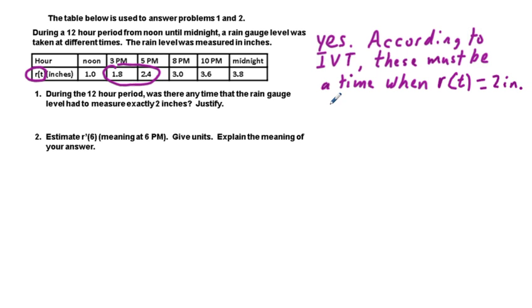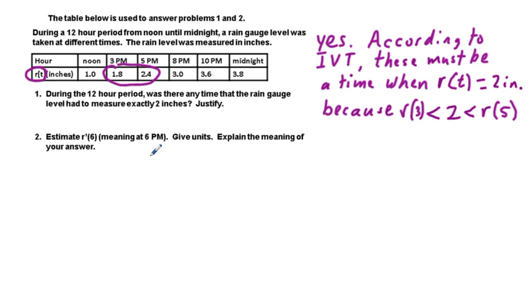And now the justification, because 2 is greater than R of 3 p.m., I'll just put 3, and is less than R of 5 for 5 p.m. And so you put that 2 in between the values here. So there we have it.